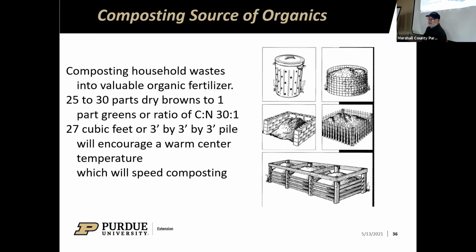So we need about 30 parts of dry browns to 1 part greens, a ratio of about 3 to 1. Nothing magical about that ratio. It just tends to move at a faster pace at that ratio if you have adequate nitrogen. We want a good size so that we will get some good warming, and that's why we need adequate nitrogen in the compost pile if we're adding in garden waste that could be a source of seeds or diseases.